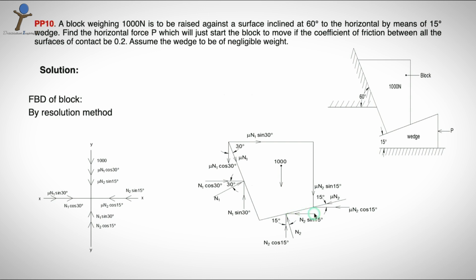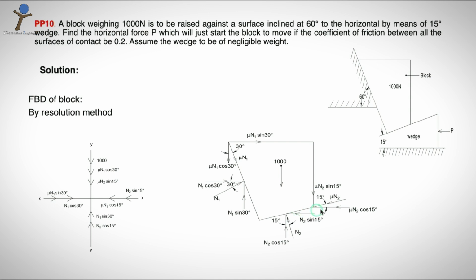Now, since the wedge is moving in leftward direction, the friction force on the wedge will be in upward direction, and the frictional force on the block will be quite opposite to that on the wedge. Therefore, the frictional force on the block will be in downward direction. So, mu N2 is shown in downward direction.